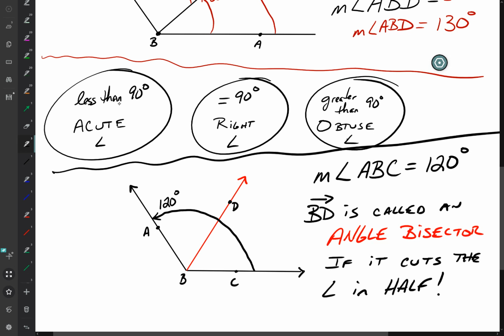Half. So that would make this measure what? 60 degrees, and this one what? And you know what we call those? We call them congruent angles. And we put that right there to denote that they're congruent. See that little arc?